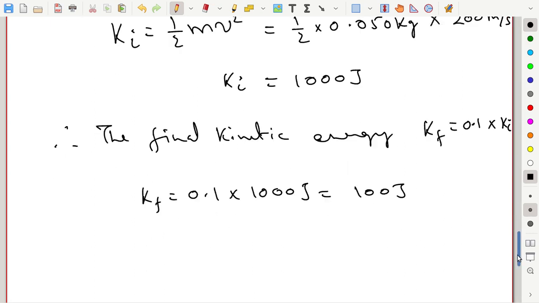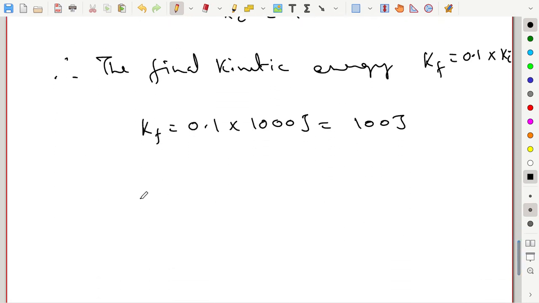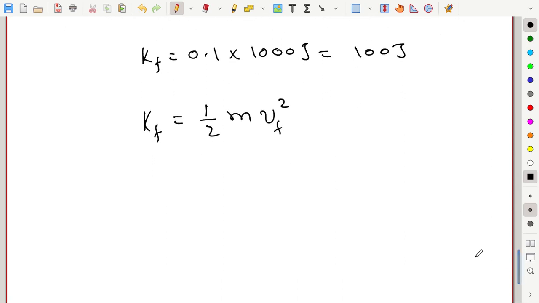So this is the final kinetic energy, but they asked to find the emergent speed of the bullet. We know that the final kinetic energy is half m vf squared. The mass never changes for the bullet, if we assume so. Then we can write half into 0.05 into vf squared, and vf is what we have to find.